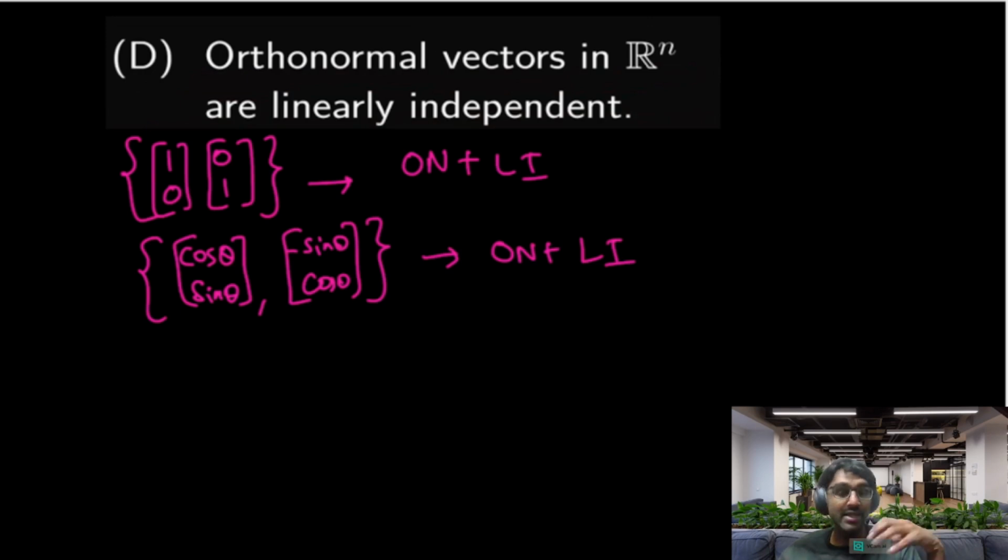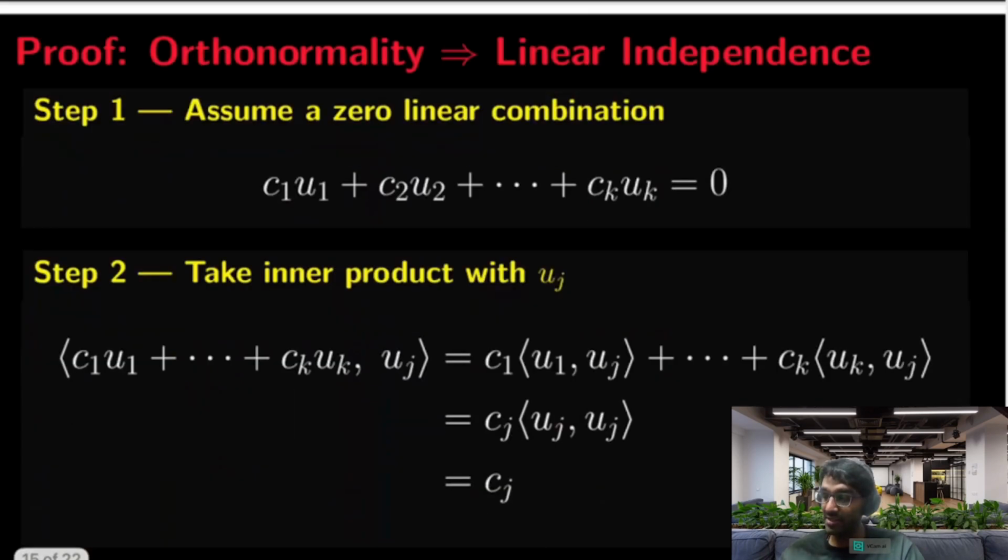In such cases, when you try too much and are not able to find counterexamples, you have to go by other methods, maybe trying to prove or disprove the statement using mathematical tools. So here the statement is true, and we have to check whether orthonormality implies linear independence.